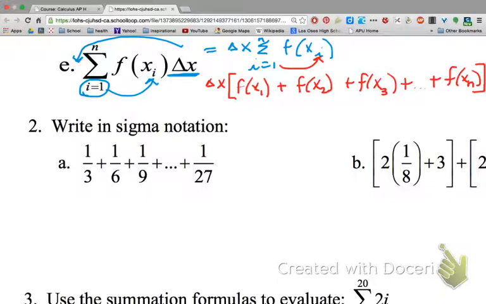So now it's our turn to write in sigma notation, and we have the pattern. So you need to establish what's changing and what's the pattern for the part that's changing. So when I look here, I notice the numerator doesn't change at all. And I like to start with I equals 1, although you could obviously get clever and start with something else.